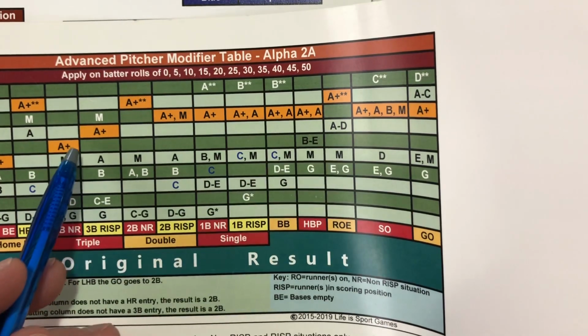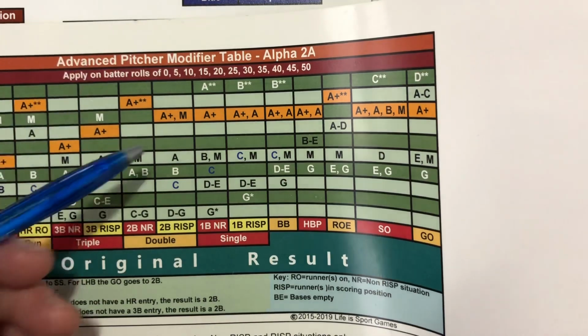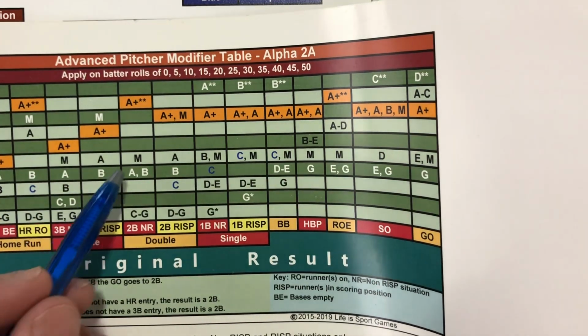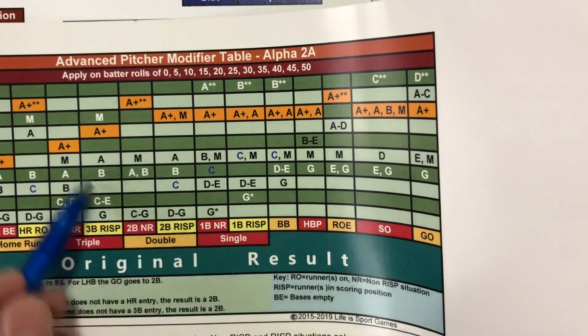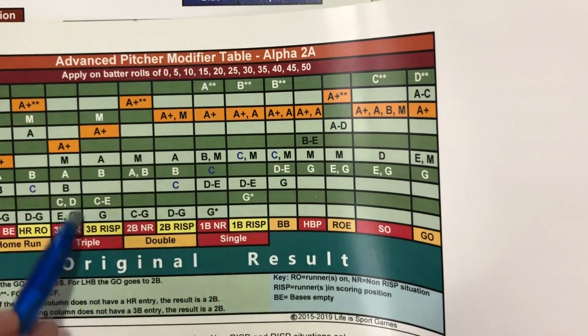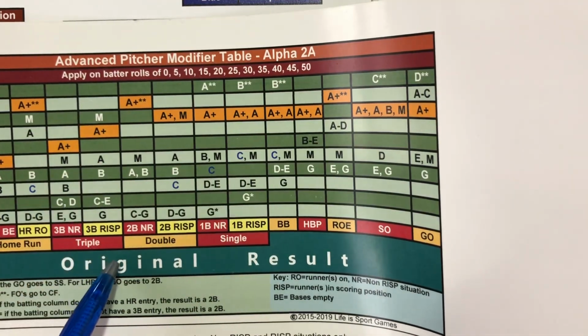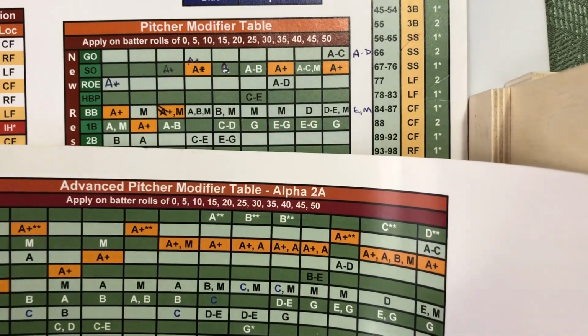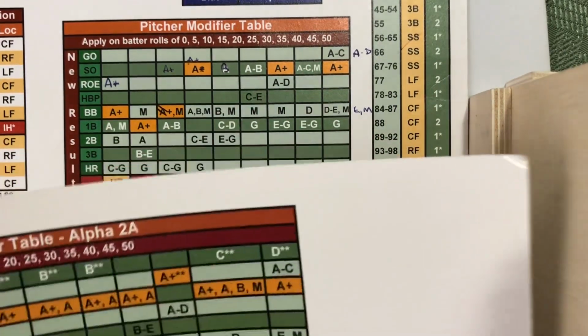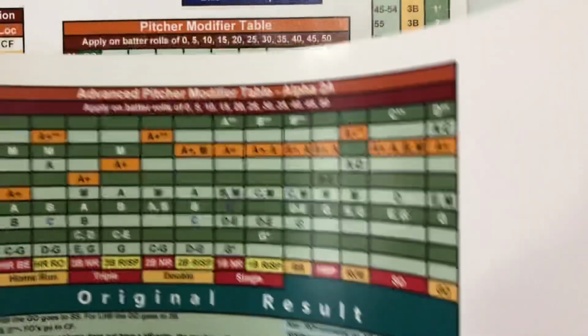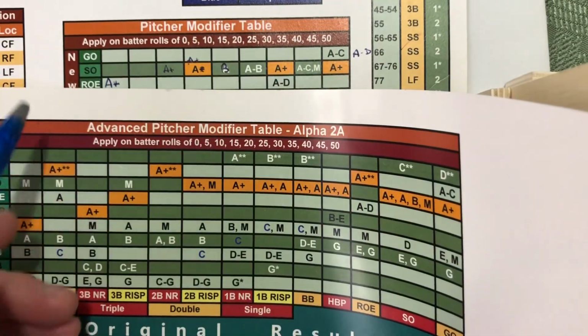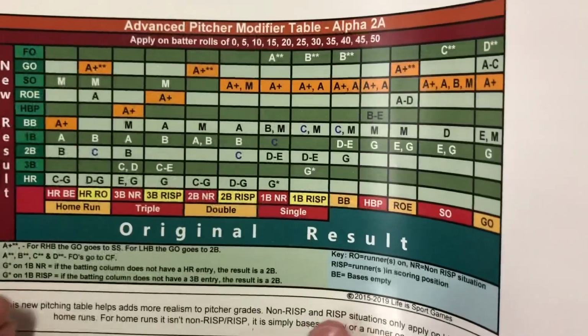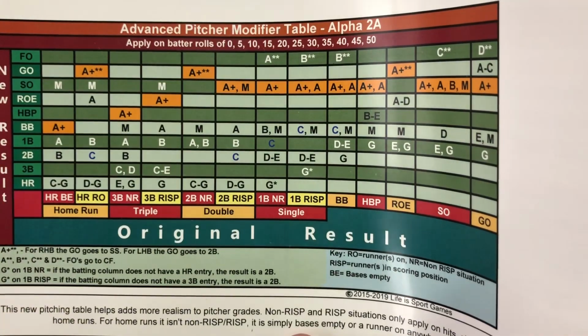In the Advanced Pitcher Modifier Table, your offense is reduced a tiny bit, and you get a greater diversity of outcomes between the letter grades. And that's pretty much it. It won't dramatically affect gameplay depending upon which one you use. There's not a huge variance here, but those are the basic differences between the two charts.